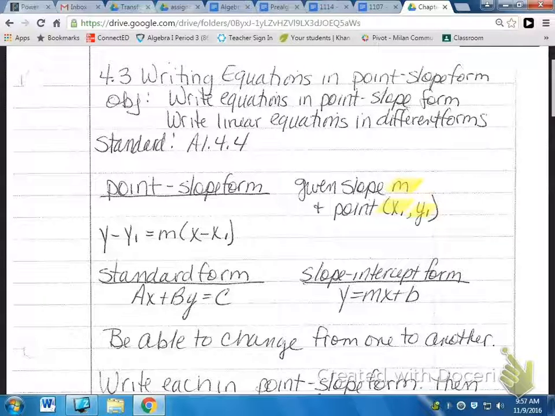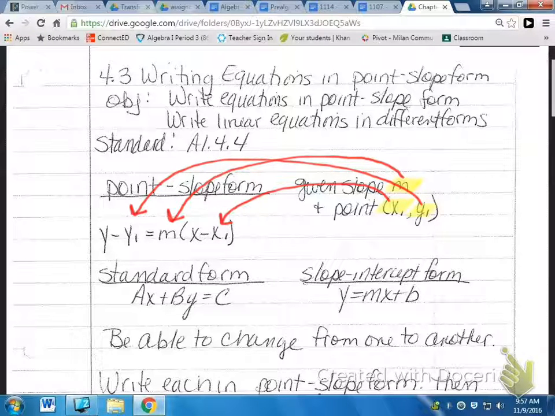Your slope m will go here in the m spot. Your x coordinate will go here in the x1 spot. And your y coordinate goes here in the y1 spot. So point-slope form is this: y minus y1 equals m times the quantity x minus x1.